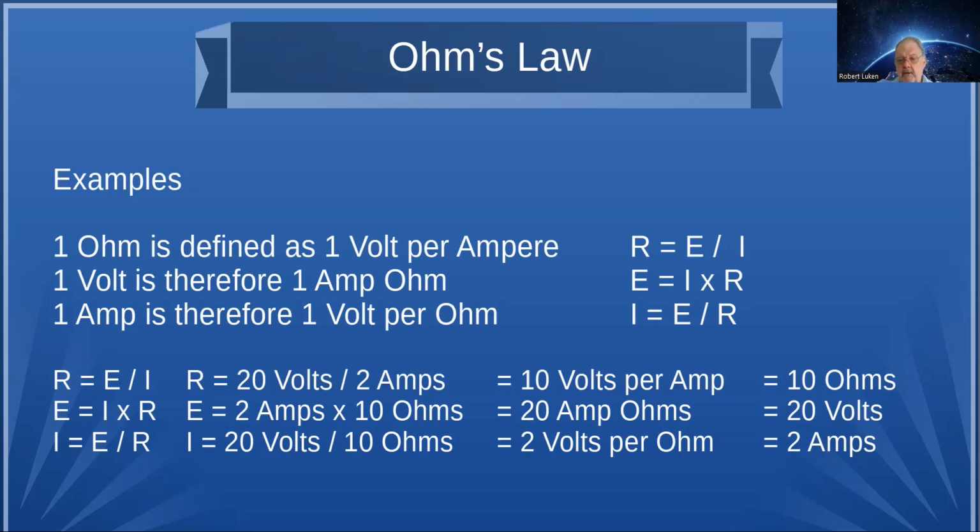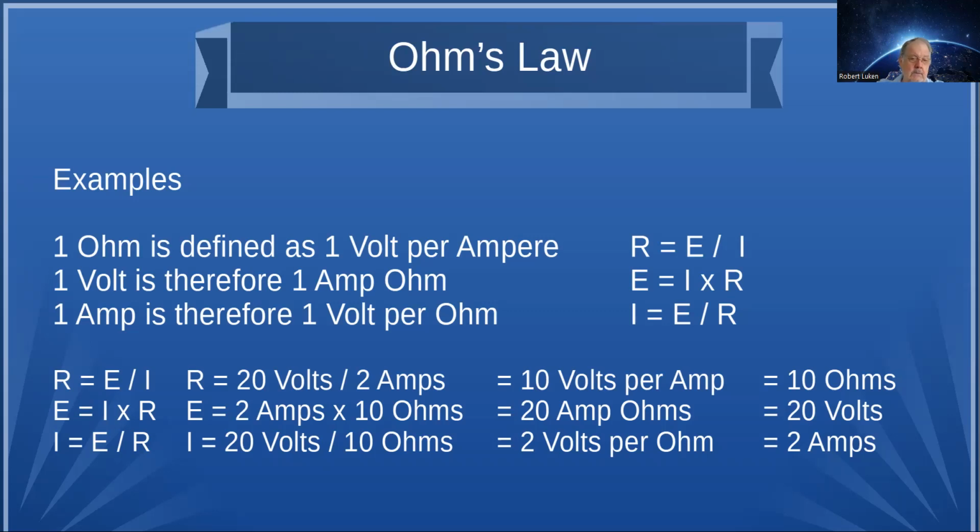And I don't know if I mentioned, we call them ohms because of George Simon Ohm, who discovered Ohm's law. In the next example, we've got 2 amps flowing through a 10 ohm resistor. So that's 20 amp ohms or 20 volts.